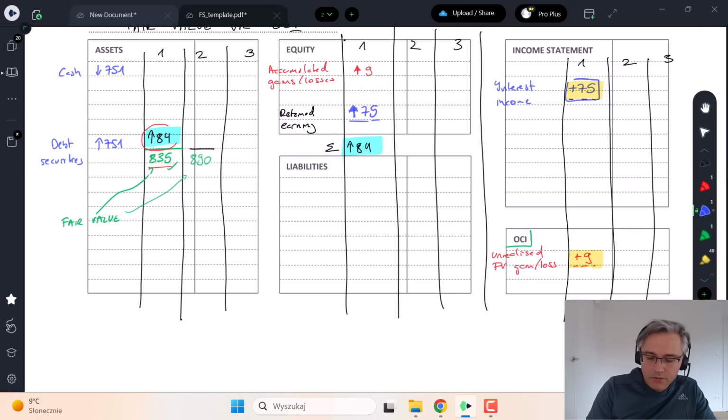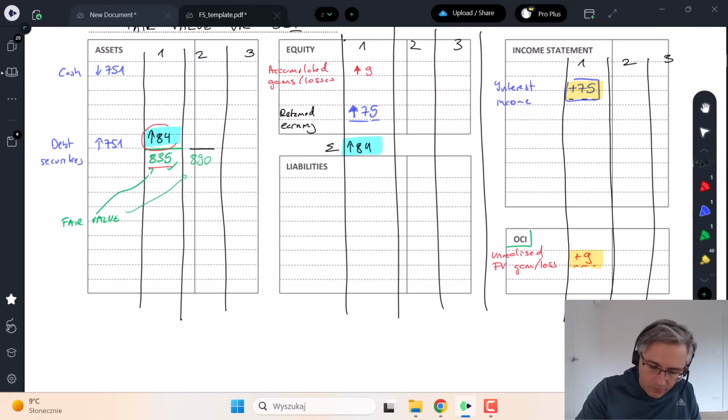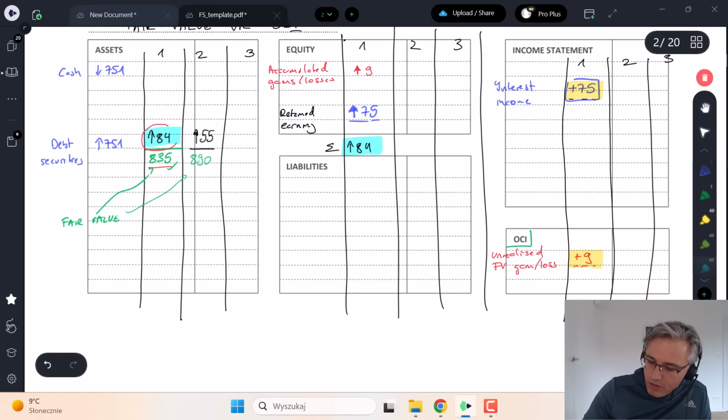Now, to get us up to 890, I don't really need to take my calculator out for this. I can tell this is growth of 55. You can be absolutely sure that this growth in the asset of 55 is also going to be matched by the growth in equity, because these two are going to be the same after all.